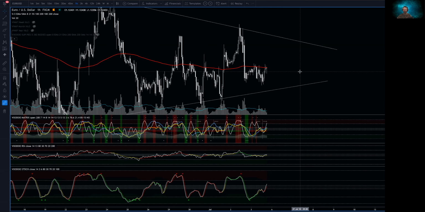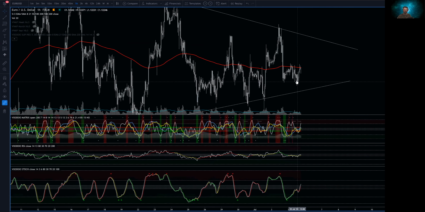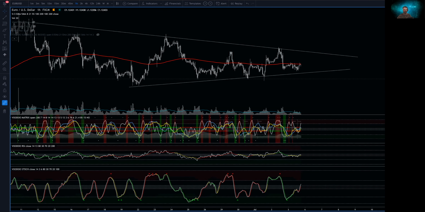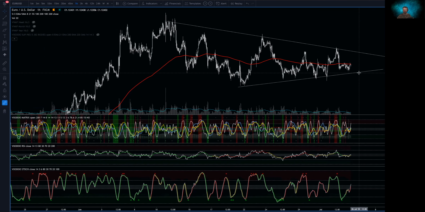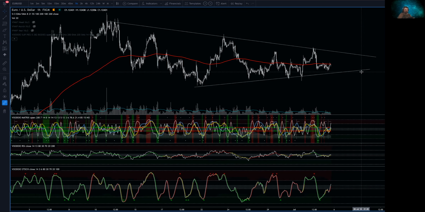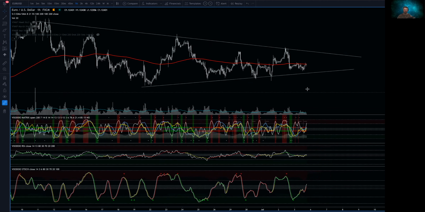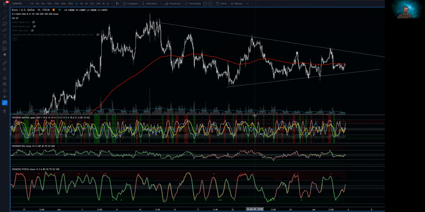Or just stay away from the market, which is the best thing you can do, and wait for the resolution of the range. If you are not at the support or at the resistance, it is most likely a no-trade zone, or you want to just scalp, but it is highly dangerous sometimes.